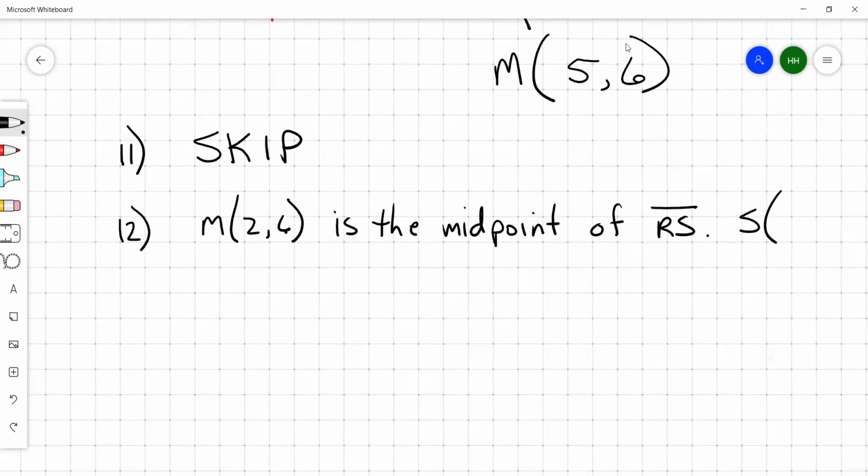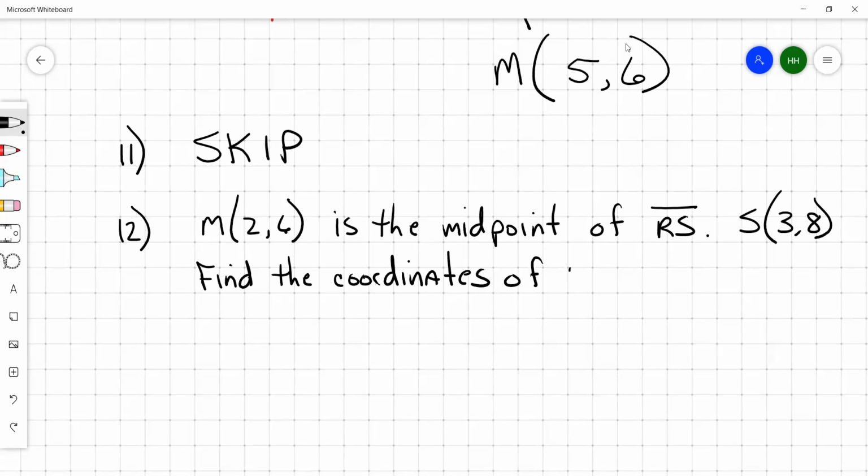S is at 3, 8. Find the coordinates of R.